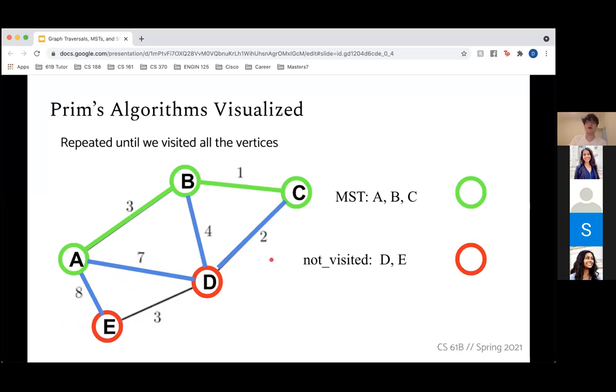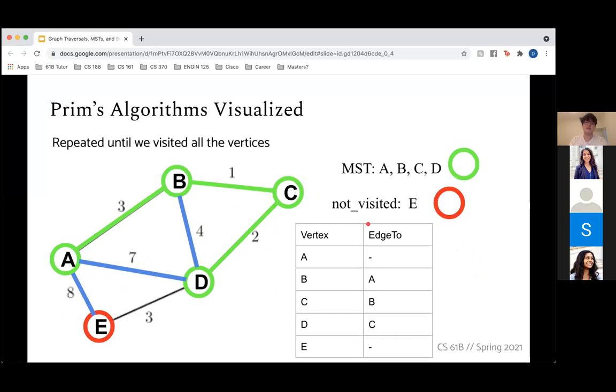Yeah, we would want to add CD because CD has the lowest weighted edge. So I'm going to add the edge CD. Now we have only one vertex remaining that we have to include in our MST.